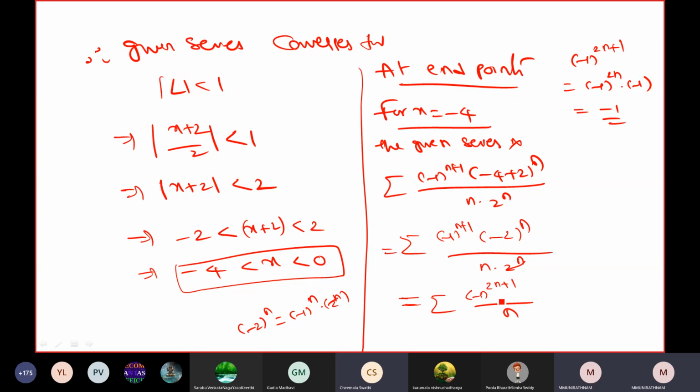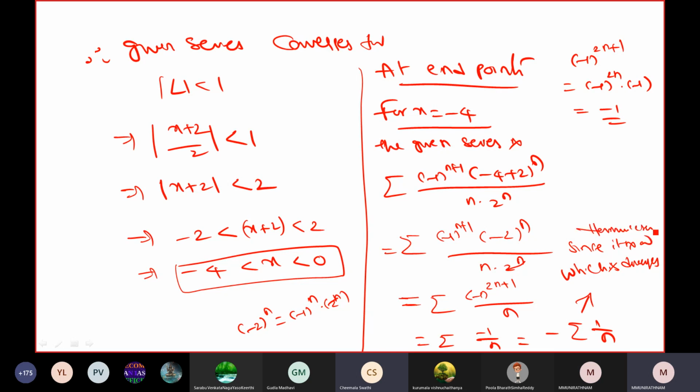It's not an alternate series. This will be summation minus 1 by n, that is minus summation 1 by n. Okay? So is it convergent or divergent? Divergent, since it is a harmonic series.